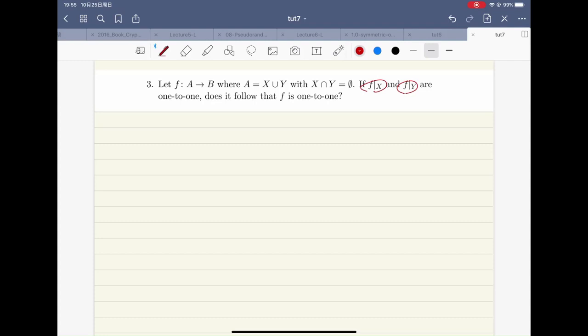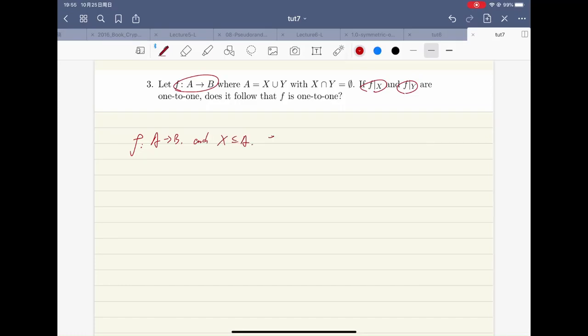So what's the restriction? Say that the function f maps from A to B, and the set X is a subset of A.